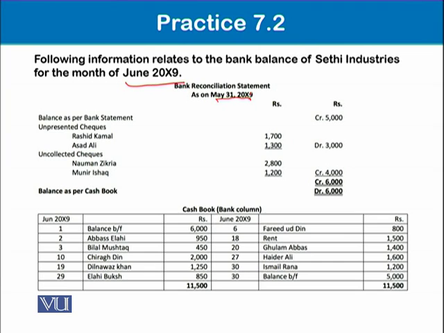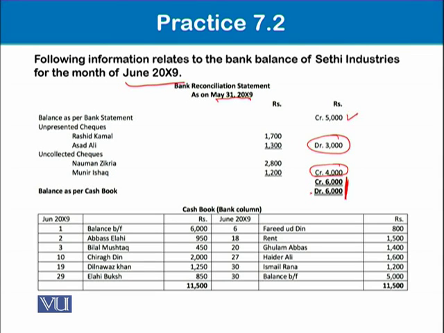In which we had a balance as per bank statement, credit 5,000, and unpresented checks for the previous period, totaling 3,000, and uncollected checks for that period, 4,000. So ultimately this was equal. So what does it mean? That 6,000 debit balance was the balance of our cash book.